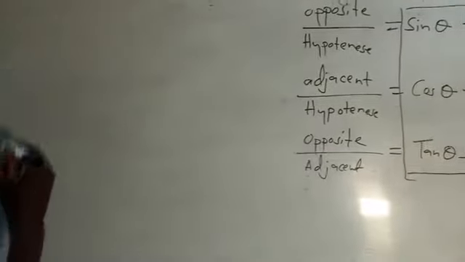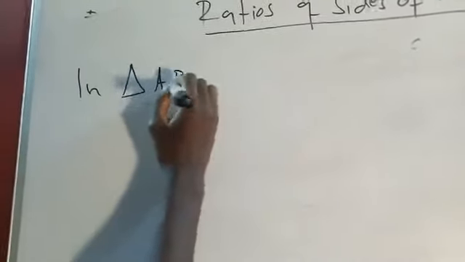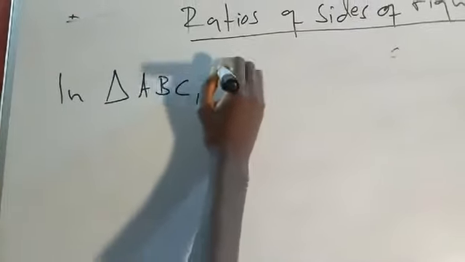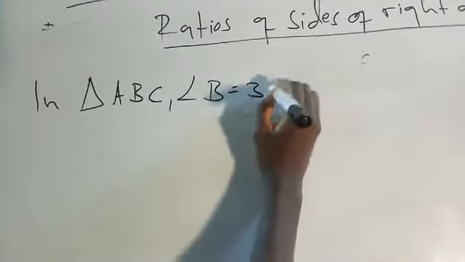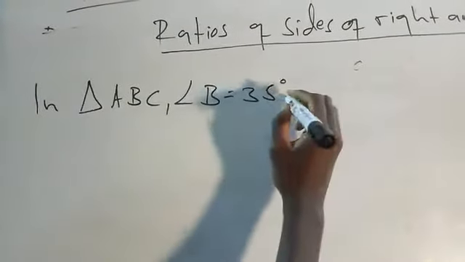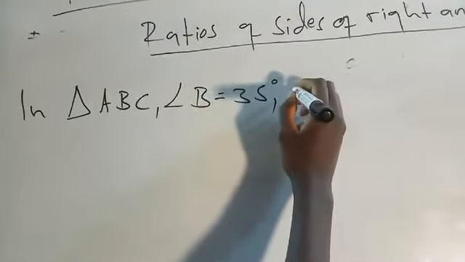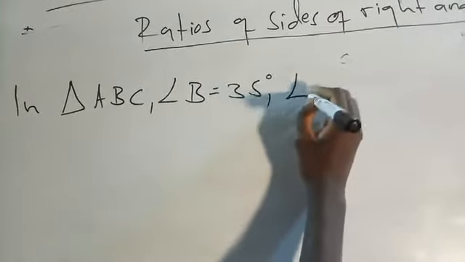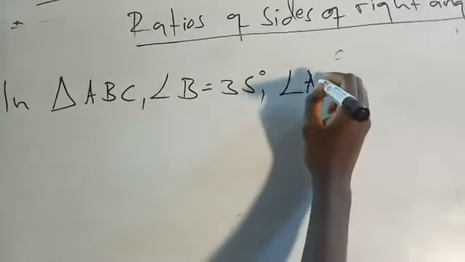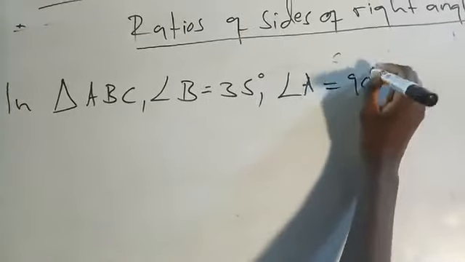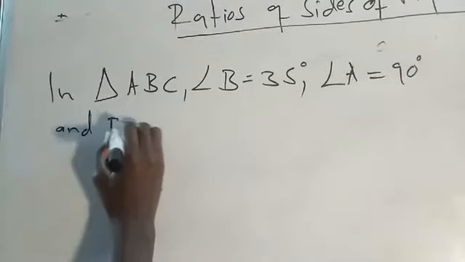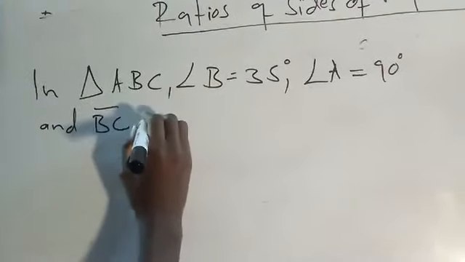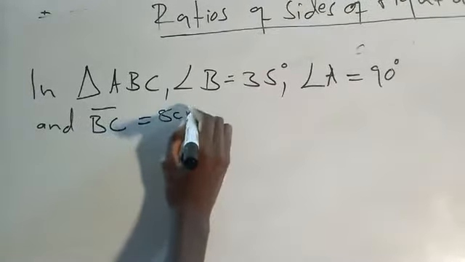It will be in a triangle ABC, angle B is equaling to 35 degrees, and angle A equaling to 90 degrees, and line BC equaling to 8 centimeter.